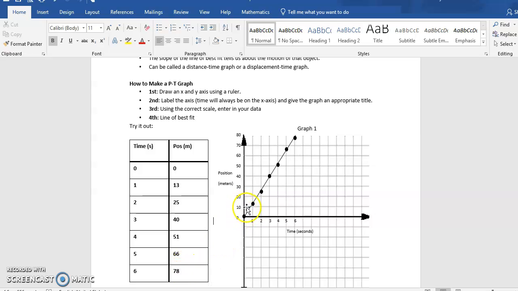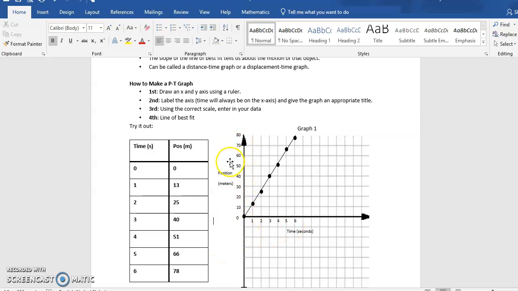So my increments on my graph go up by 10 on my y-axis, and then my time just goes up individually at 1 second at a time, so that works. But for position, you couldn't put 0, 13, 25, 40, just because that's how it works here. You have to go up by a consistent increment. So this one we chose to be 10.